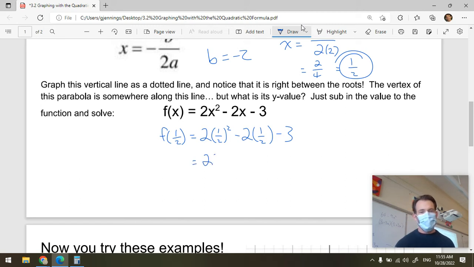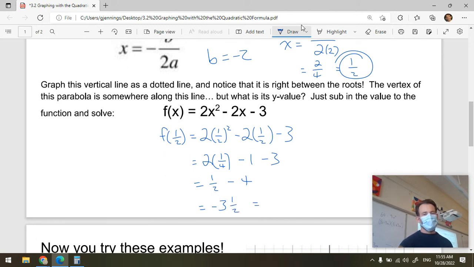So we have 2 times 1 over 4 minus 2 times a half. Well, half of 2 is 1, so this is negative 1 minus 3. Okay. 2 times a quarter, well, that's 1/2. So this is equal to 1/2 minus 4. 1/2 minus 4, well, that's negative 3.5.